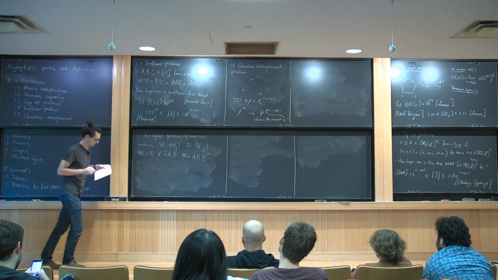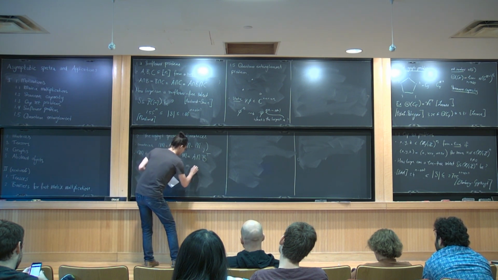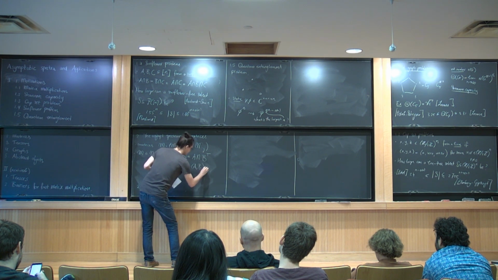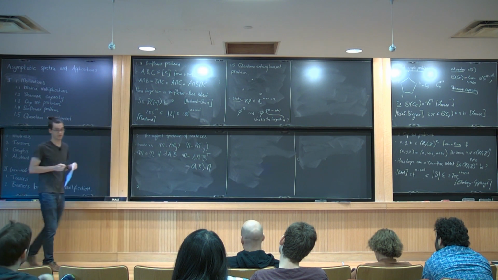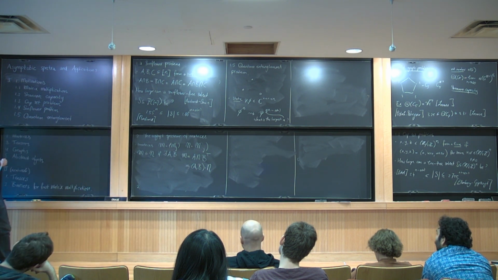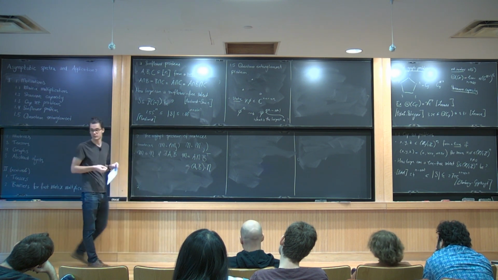Transpose is not very important. And I could also denote this by (A, B) times N. Okay? So M is smaller than N if I can obtain M from N by left and right multiplication.